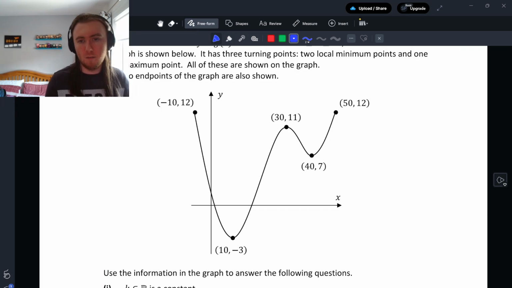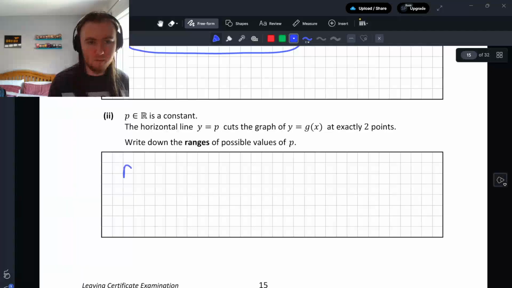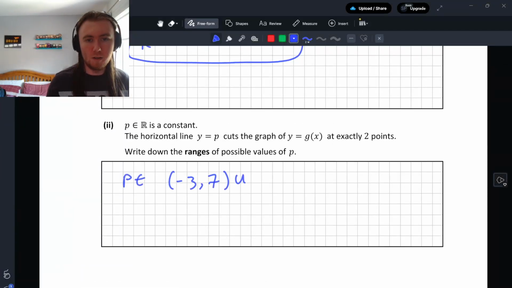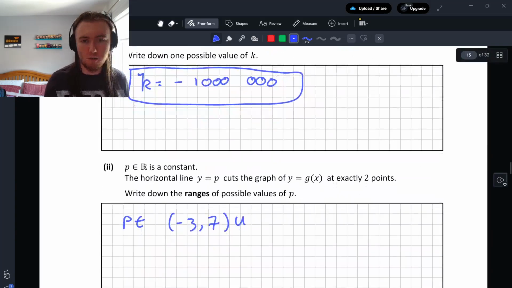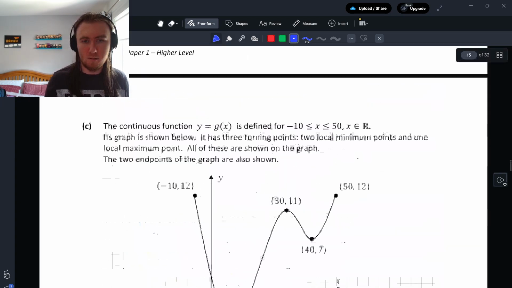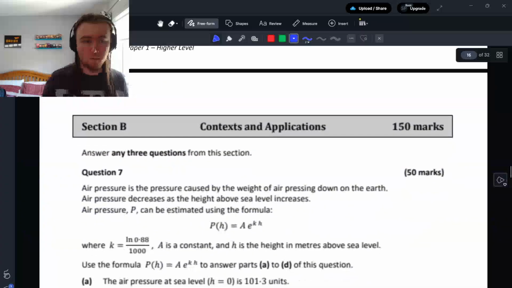So from -3 up to 7 non-inclusive, union with, obviously after 11, when it goes up past that, it'll be from 11 to 12. Union 11 to 12, if it's exactly 2 points.